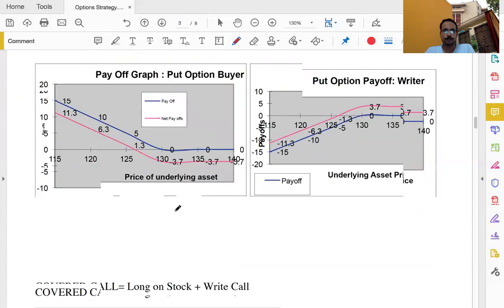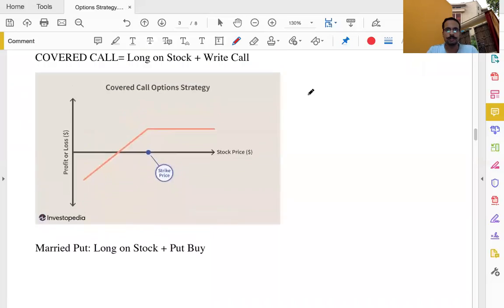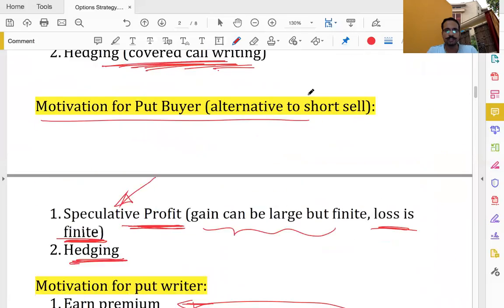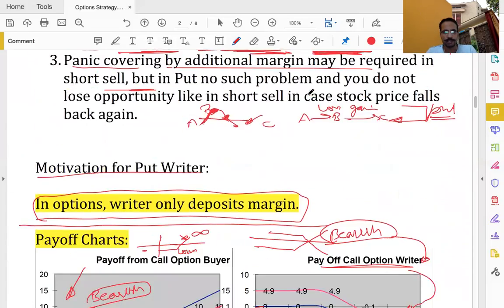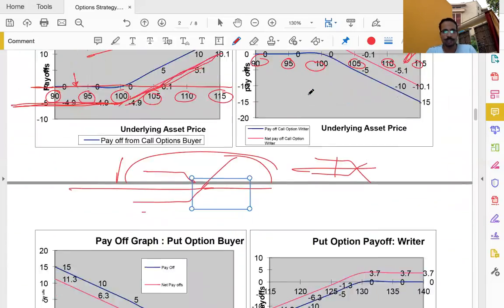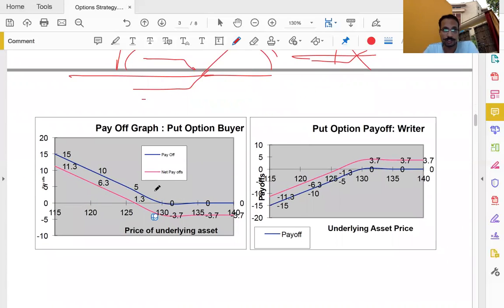Let us come to the put option. In case of a put option, as we have seen earlier, the put option buyer is actually a bearish fellow. He expects that the prices are going to go down so that he can still sell at a higher price, the strike price at which he has contracted.